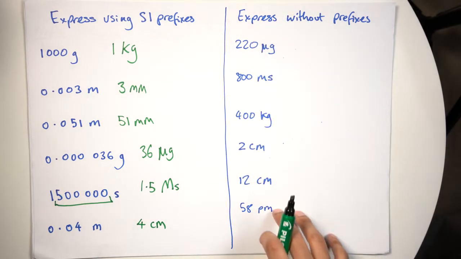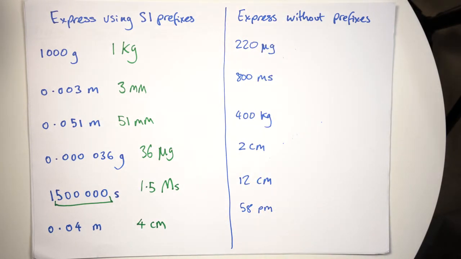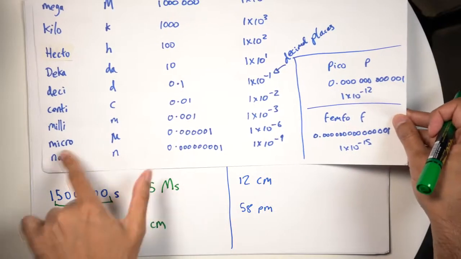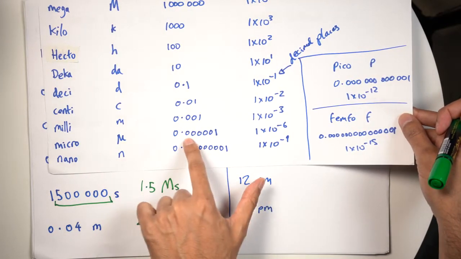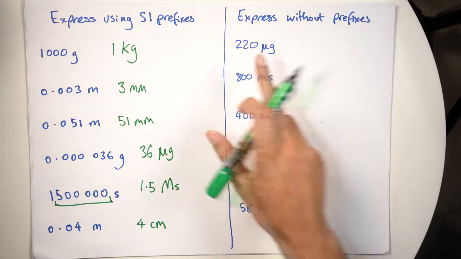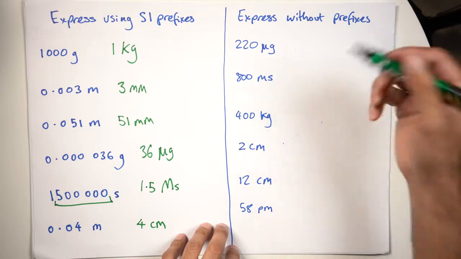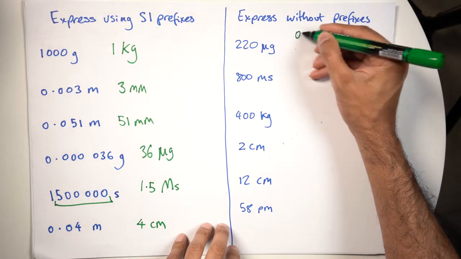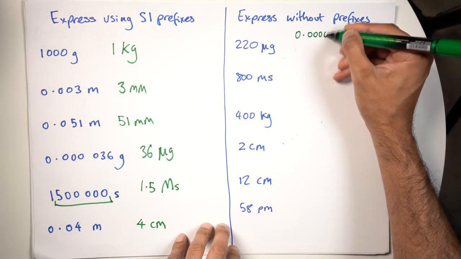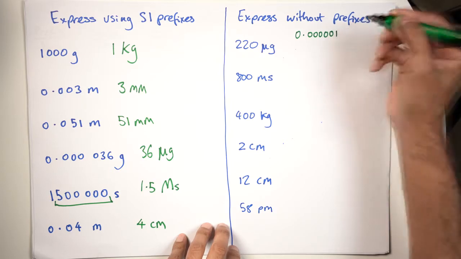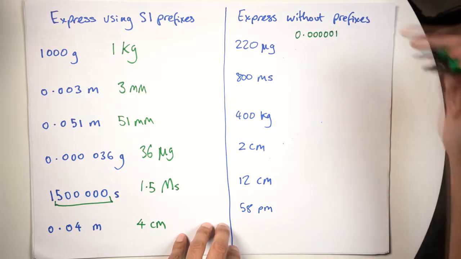Now we've got the prefixes here, and we've got to get them out of the prefix. So the first one is 220 micrograms. Now micro has got 6 decimal places, as you can see down here. But we don't have 1 microgram, we've got 220 of them. So I'm going to first of all write out 1, 2, 3, 4, 5, and that's what 1 microgram would look like.